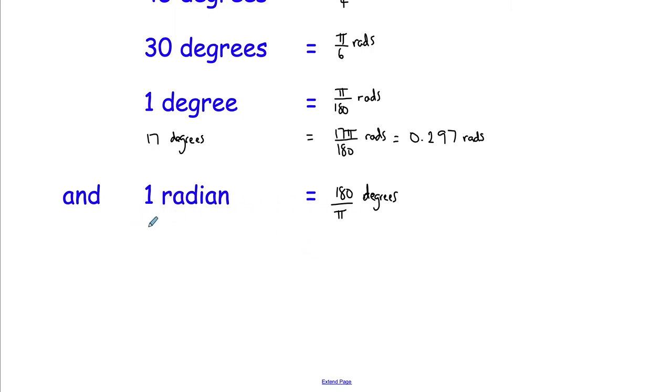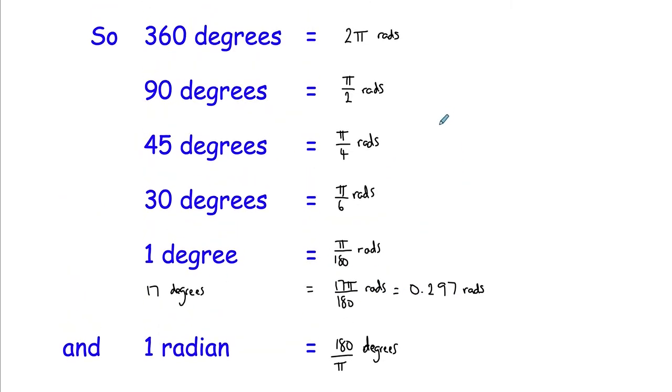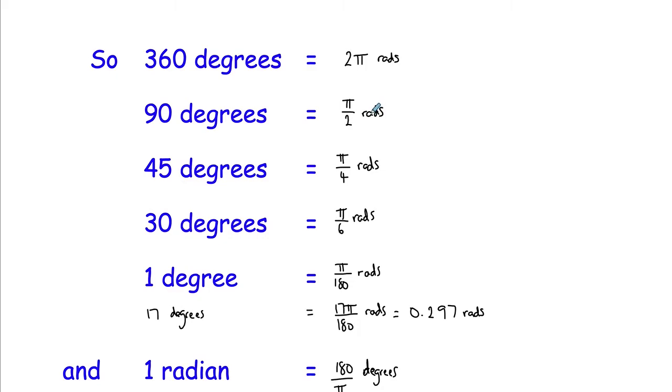So this is less likely to be asked about, but this is something you might need, and definitely these numbers at the top you're going to be seeing over the next year lots of pi over 2s, pi over 4s, 3 pi over 2s, 5 pi over 6, and all that kind of stuff. So try and get used to writing angles as fractions of pi or multiples of pi.